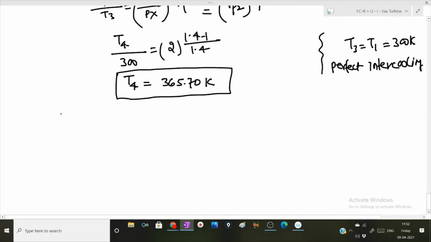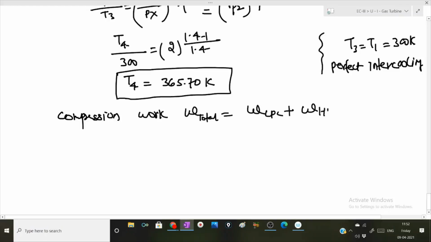So what will be the compressor work? Total compressor work will be W LPC plus W HPC, Cp into T2 minus T1 plus Cp into T4 minus T3.